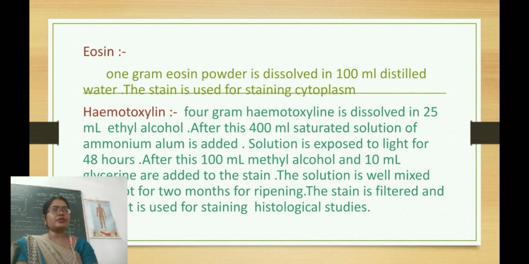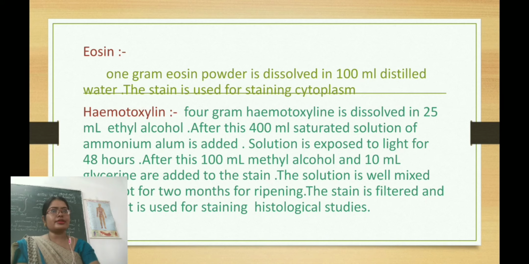This solution is exposed to light for 48 hours. After this, 100 ml methyl alcohol and 100 ml glycerine are added to the stain. The stain is well mixed and kept for 2 months for ripening. It is very important for it to ripen so that the stain color is good when we do histological staining.